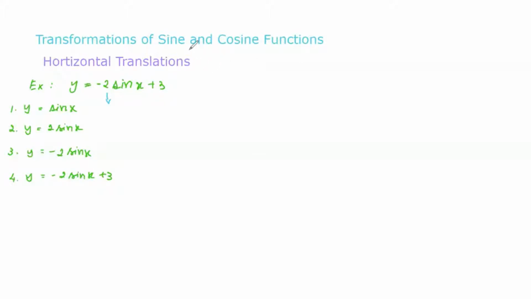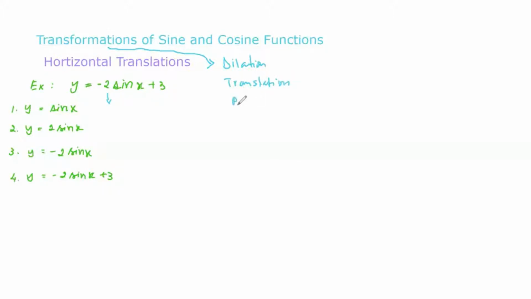Regarding the word transformation, we have three kinds, right? First, we call it dilation, the second one is translation, and the last one is reflection.